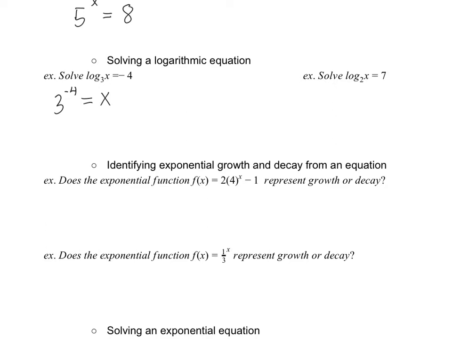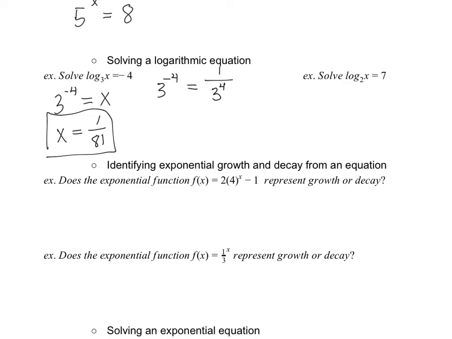So now I evaluate 3 to the negative 4th in my calculator, and we're going to get that x equals 1 over 81. So remember, negative exponents don't mean negative answers. They mean fractional answers. So 3 to the negative 4th is the same thing as 1 over 3 to the 4th. And 3 to the 4th is 81.